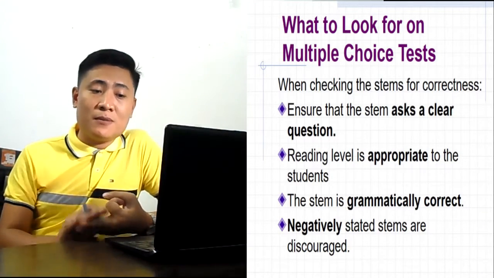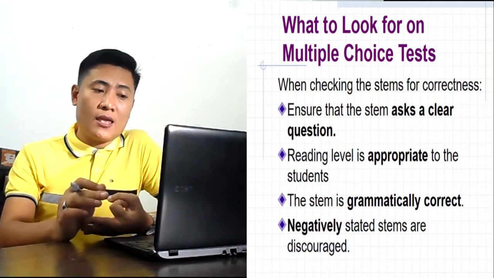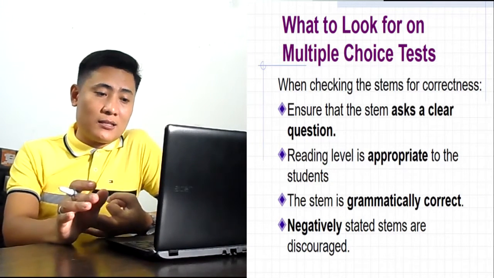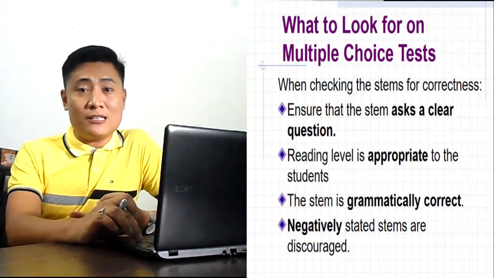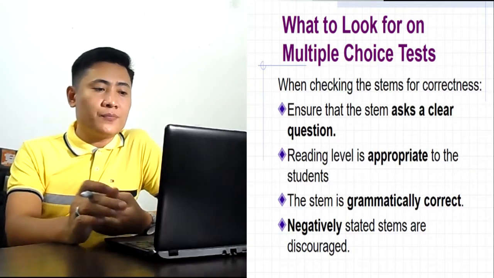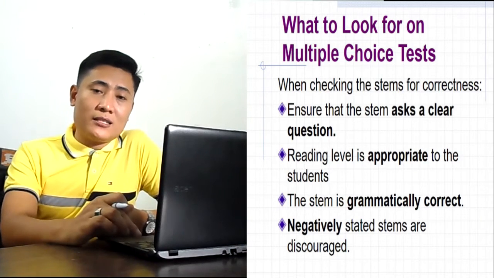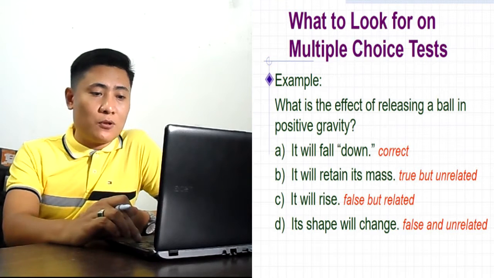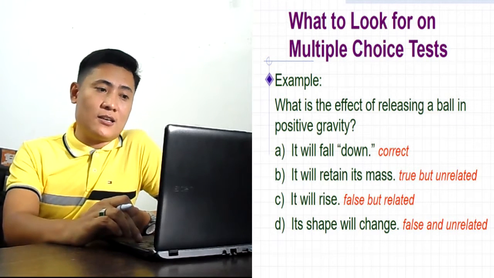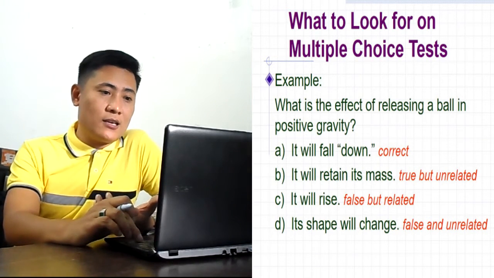And of course, the stem must be grammatically correct, and negative statements are discouraged, though you can use them in a seldom manner. These are some of the examples that we can consider in doing the multiple choice type of test. Let's take a look at that.